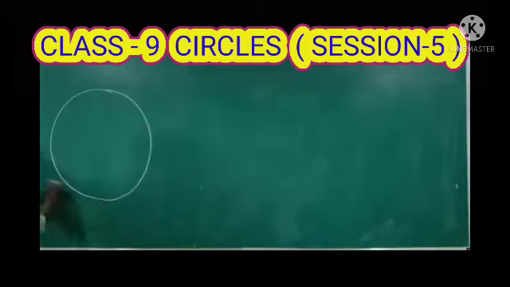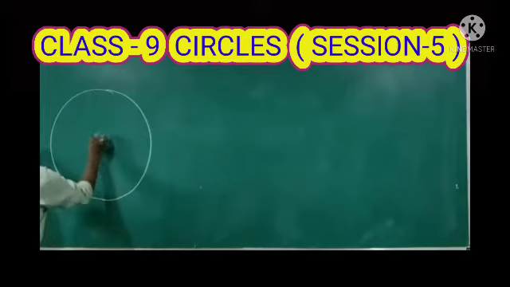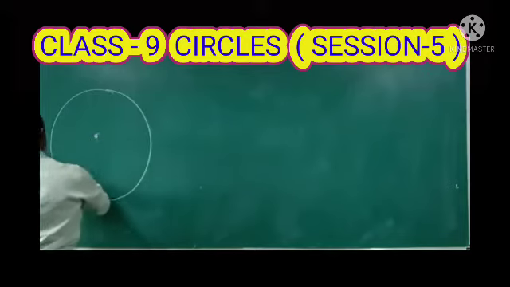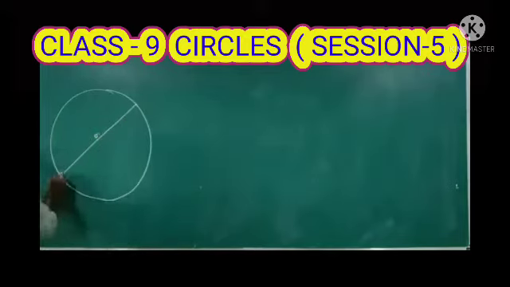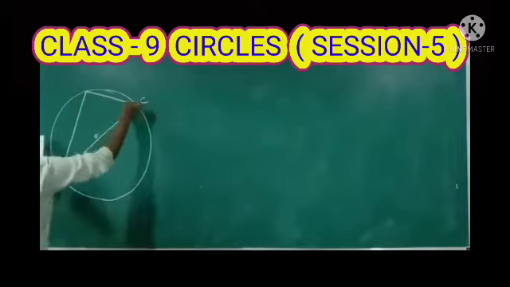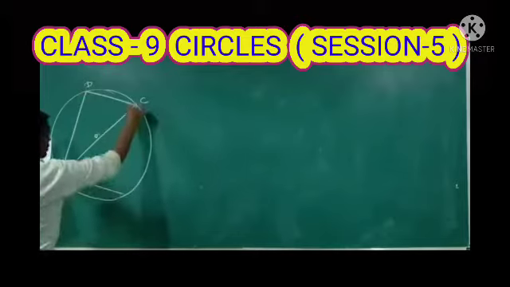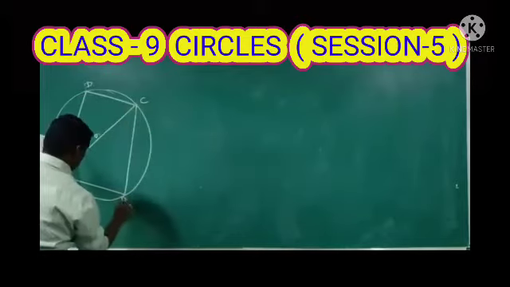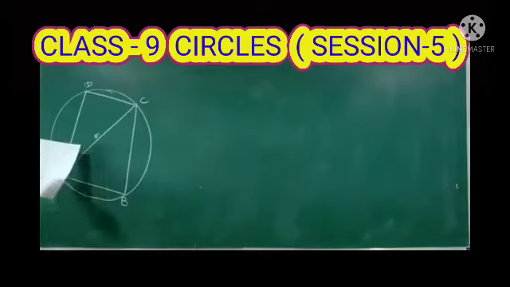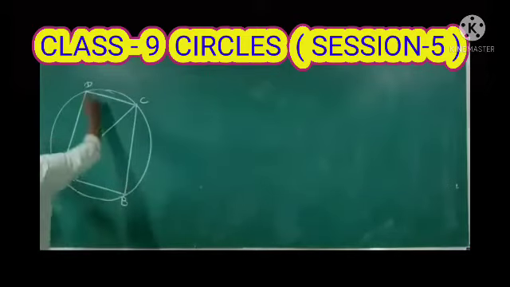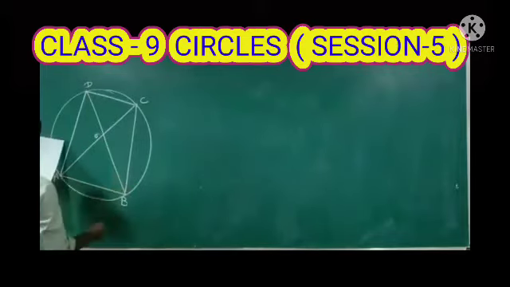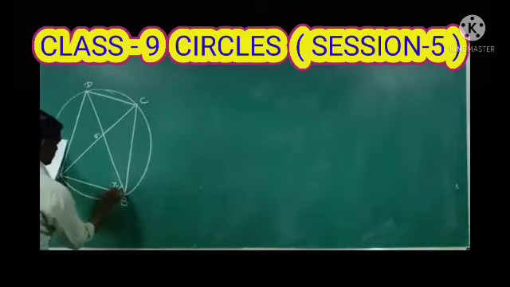So the diagram is like this. O is the center of the circle and AC is the diameter. B and D are the points which lie on the circumference. So this angle becomes 70 degree.